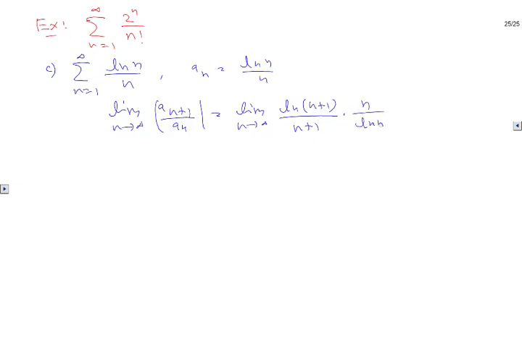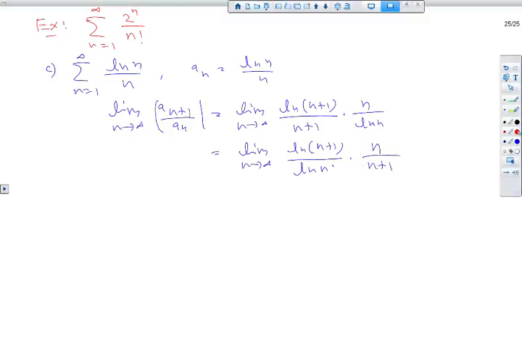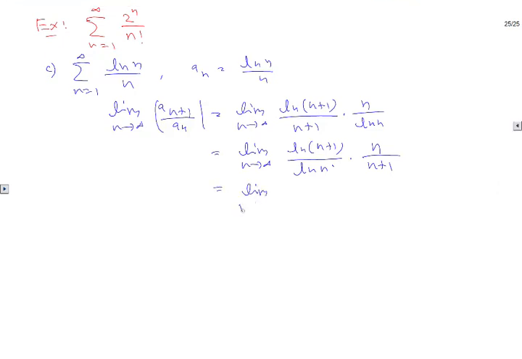We can combine like terms, so that means limit as n goes to infinity of ln(n plus 1) over ln n times n over n plus 1. Now we can distribute the limit to the two: limit of ln(n plus 1) over ln n times limit of n over n plus 1.